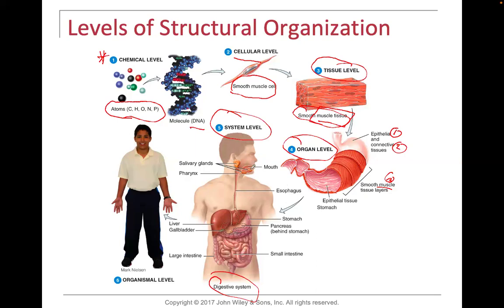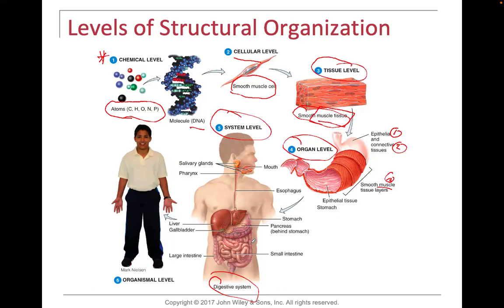Right? Talking about the mouth, the teeth, the tongue, the esophagus, the stomach, the small intestine, the large intestine, liver, pancreas, gallbladder. All of these parts work synergistically to break down and metabolize or catabolize our foods. The digestive system is one system, but you also have the muscular system, the skeletal system, reproductive system, the neural system, the immune system.